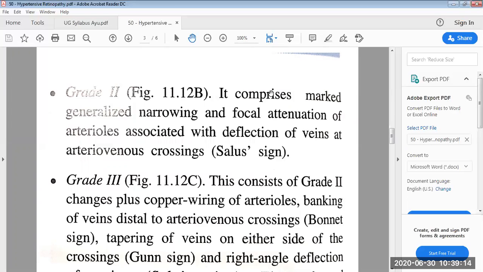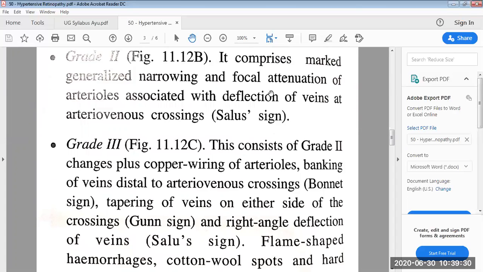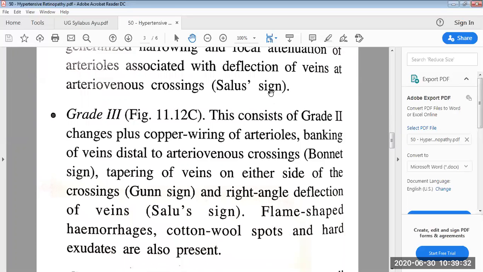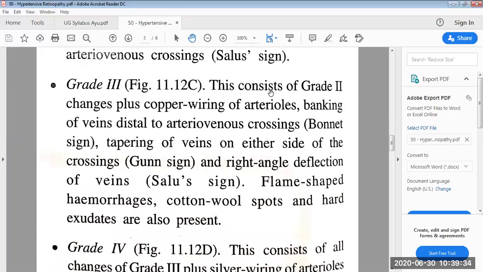Then there is grade 3. This consists of grade 2 changes plus copper wiring of arterioles, banking of veins distal to arteriovenous crossings, called the bonnet sign. The tapering of veins on either side of the crossings is called the gun sign.